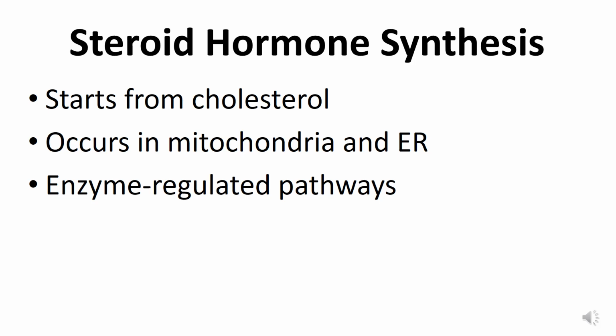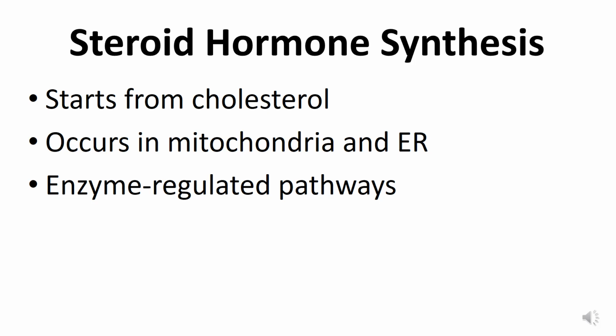Inside the mitochondria, cholesterol is converted into early hormone precursors. After that, the molecules move to the smooth endoplasmic reticulum. Here, additional chemical changes take place. These modifications gradually transform the precursor molecules into specific steroid hormones.